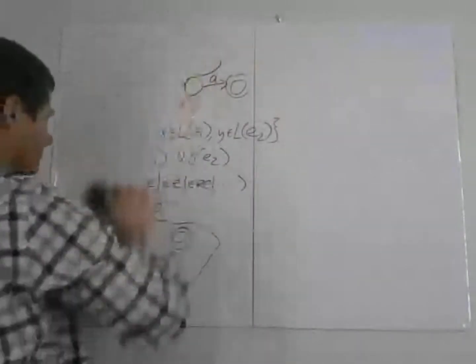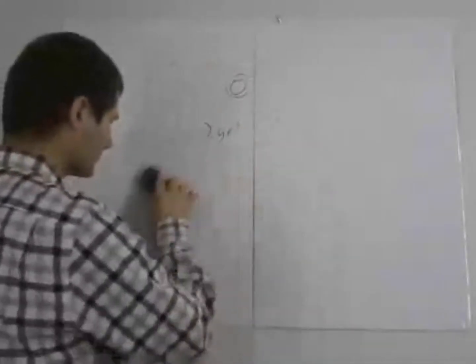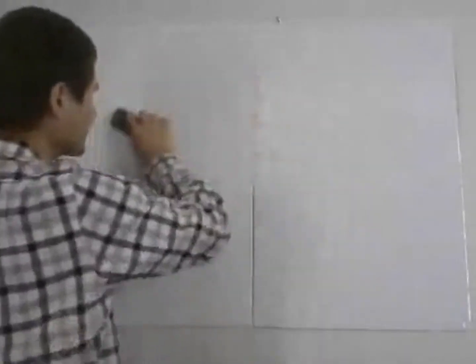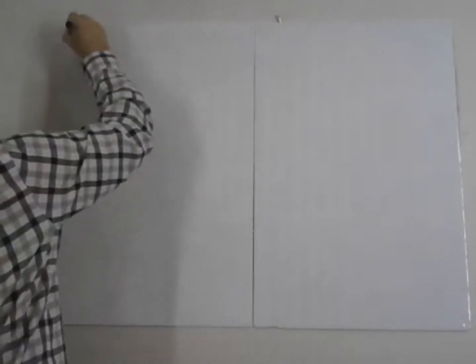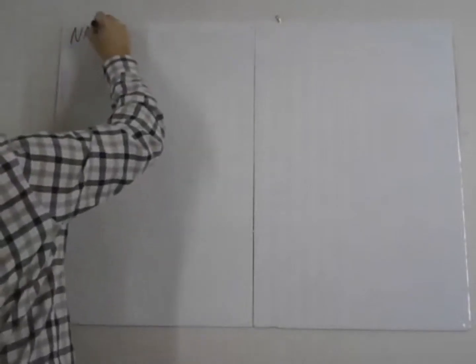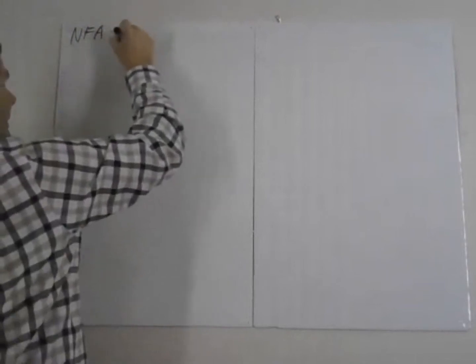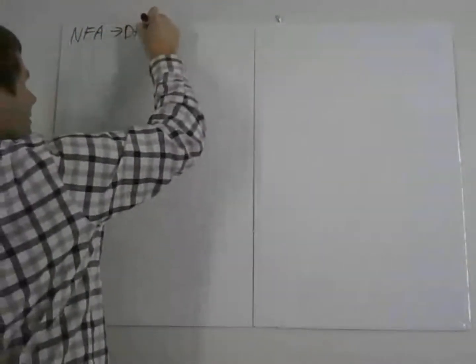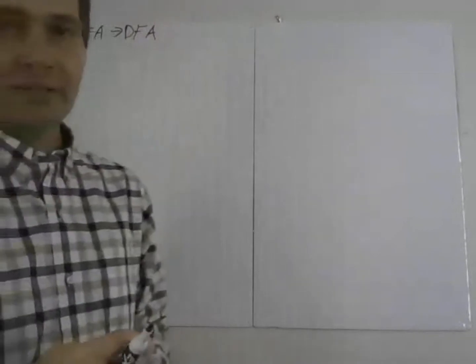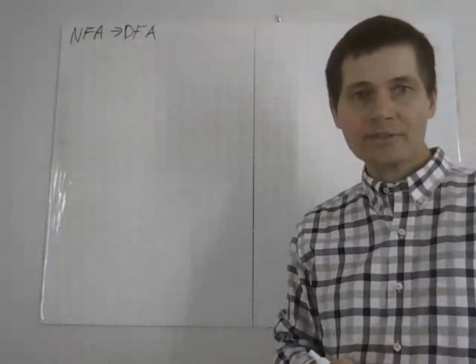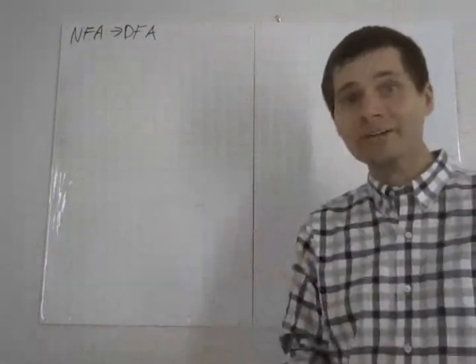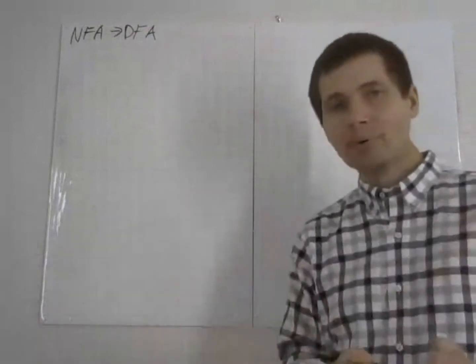And now I'm going to do a conversion of the NFA to a DFA. And this is an important transformation. It's important because it comes up not only in the scanner, but also in the parser.